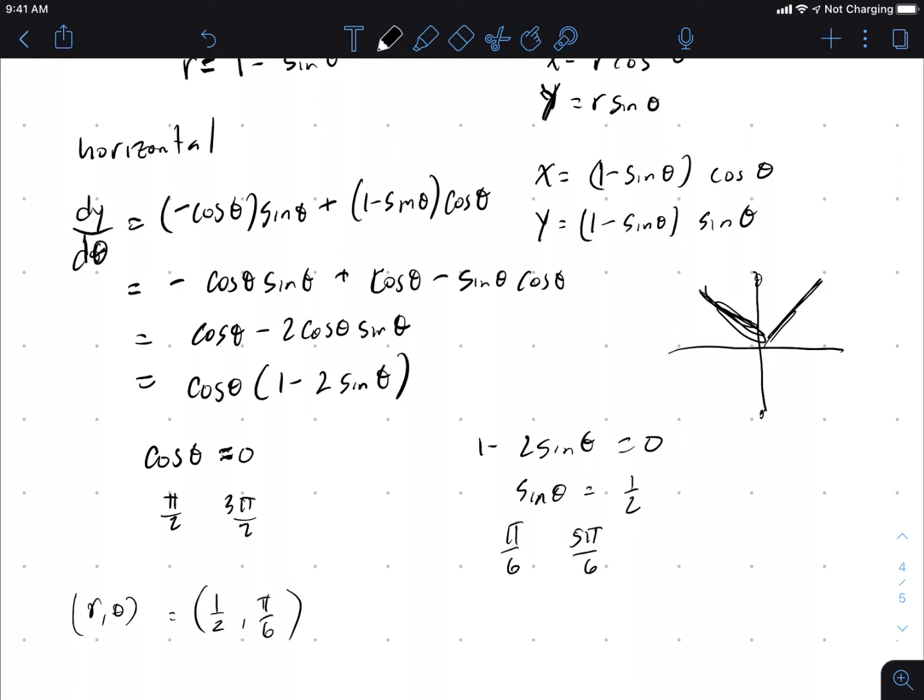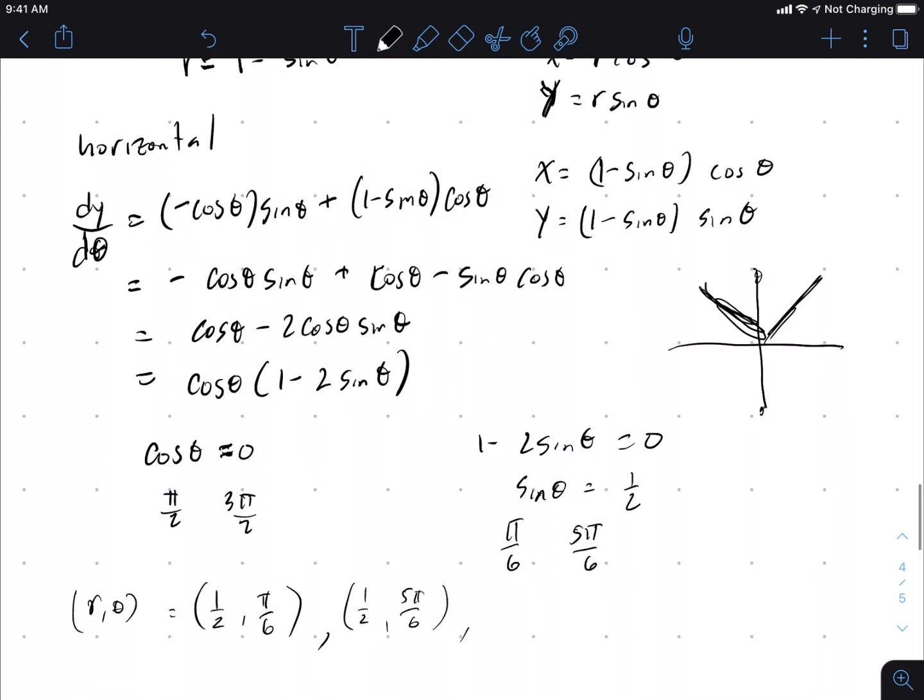Agreed? Agreed. Comma, 1/2, 5 pi over 6, and 2, 3 pi over 2. Are we good?